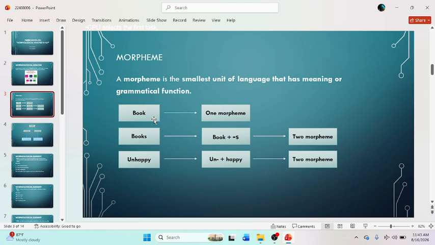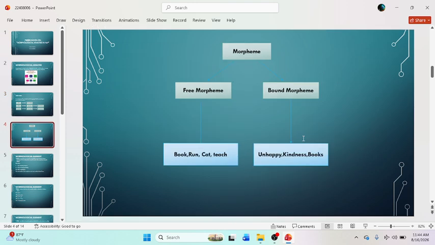The second example, books, can be divided into two parts, book plus s, so here are two morphemes. The next example is unhappy. Unhappy is divided into two parts, un plus happy. So a word can contain one morpheme, two morphemes, or more. Now I am going to the next slide.